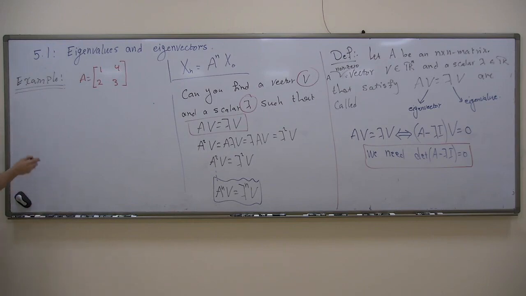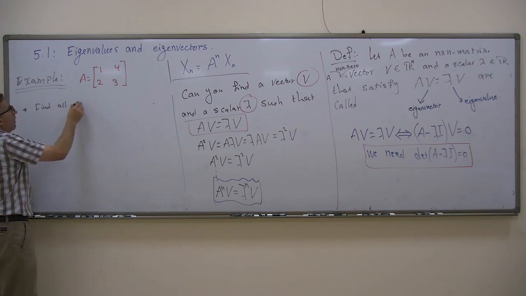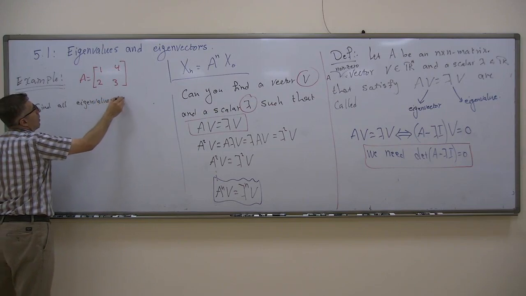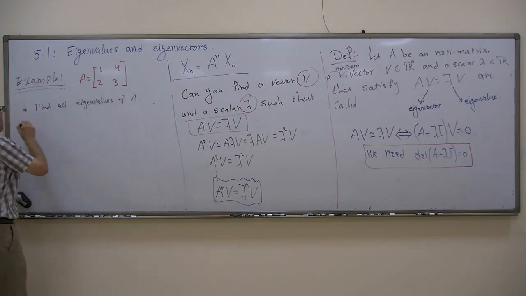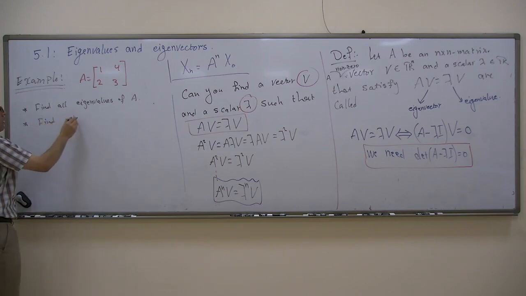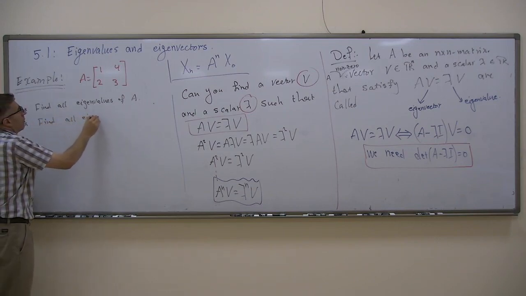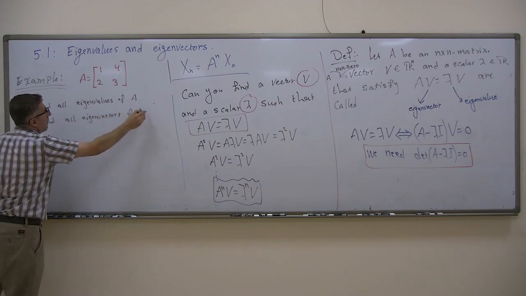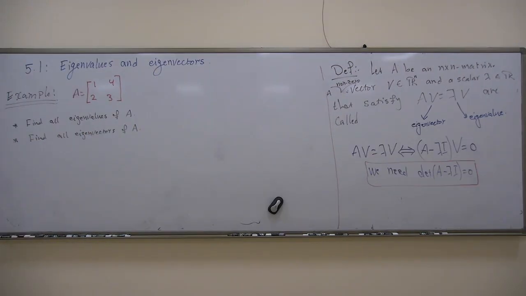Find all eigenvalues of A and find all eigenvectors of A. All right, so now we need to find the eigenvalues and eigenvectors of A.